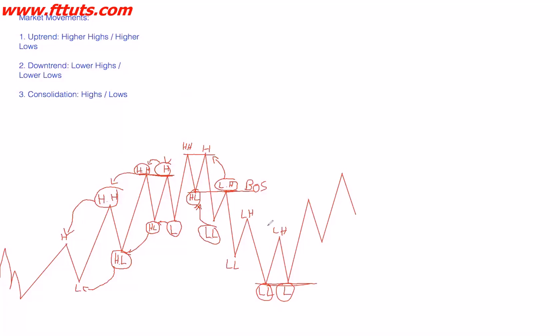So once the market broke our previous high and formed a higher high, let me write it right here, that was a break of structure, because we made a higher high. We didn't maintain the downtrend structure, which is lower highs, lower lows. Uptrend structure is higher highs, higher lows. It's as simple as that.